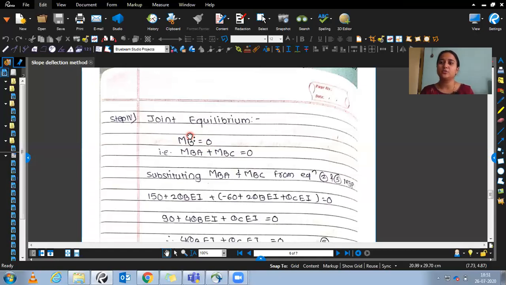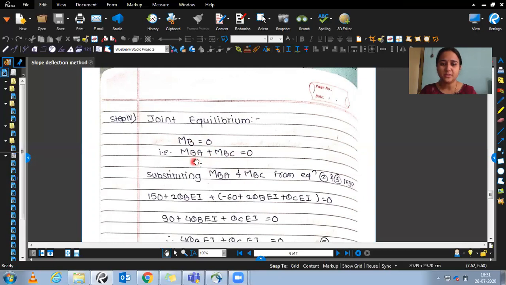Why is this 0? To maintain the equilibrium. Okay, so for joint B, there are two spans meeting up. Consider this B part, B to A and B to C. So the moment at B, that is MBA plus MBC, is equal to 0.